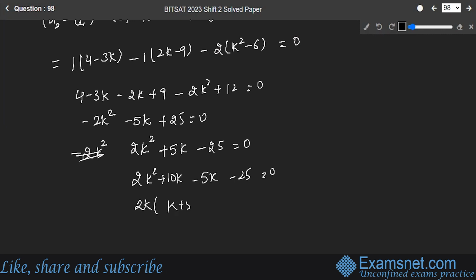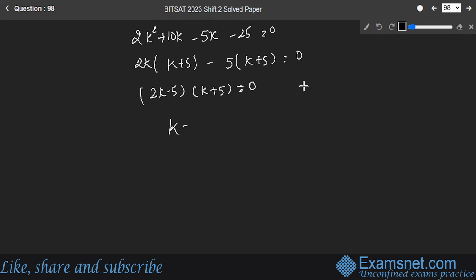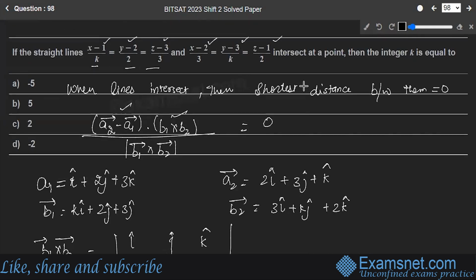You have k plus 5 minus 5k plus 5 is equal to 0, or you have 2k minus 5 or k plus 5 equal to 0. That means k will have two values, minus 5 or 5 by 2. These are two values for k. This is what you needed to find out. I don't have 5 by 2, but I have minus 5 over here. That makes option A the correct answer.